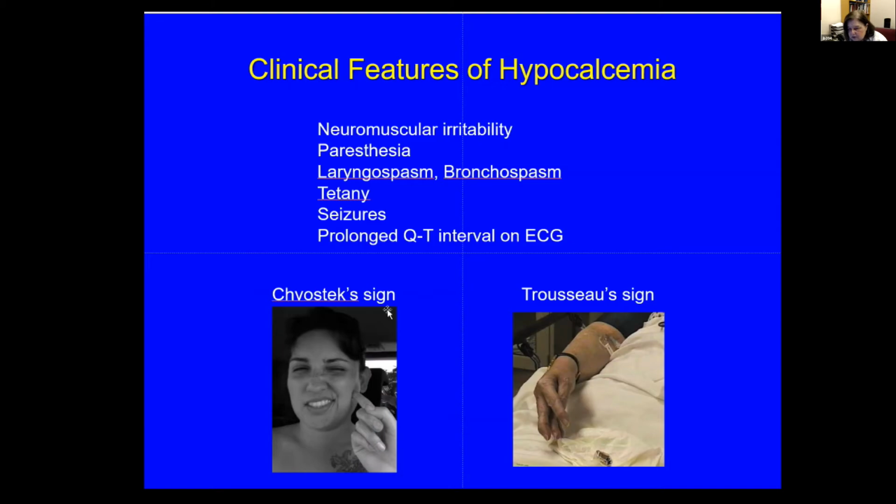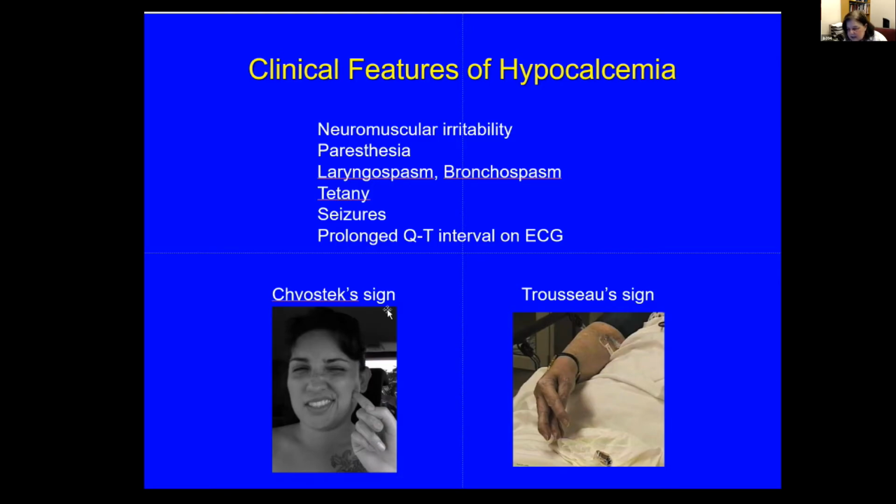Should we go through the Chvostek and Trousseau? Say yes or no? Sure, why not? Okay, so you tap on the nerve coming out from the foramen, and that's the Chvostek sign. And as you can see, the corner of the mouth is twitching up.